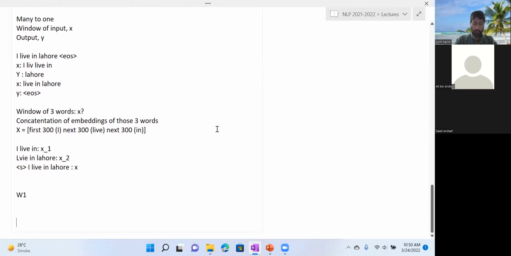So this leads us to our first sequential model, which is the recurrent neural network, also called RNN.